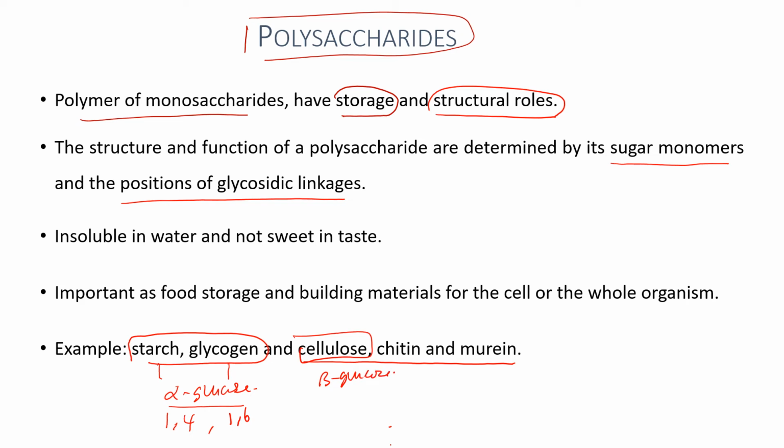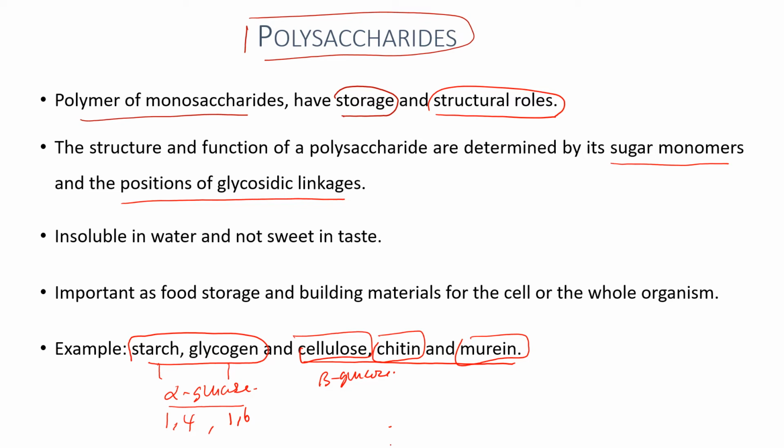Cellulose is the component of the plant cell wall. Chitin forms the exoskeleton of insects, and murein forms the cell wall of fungi.